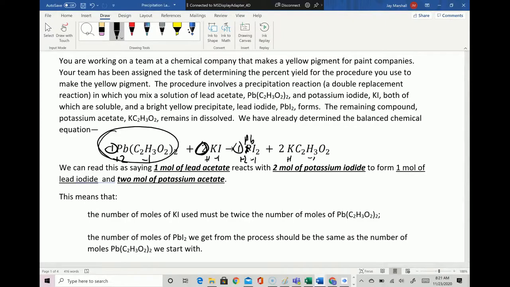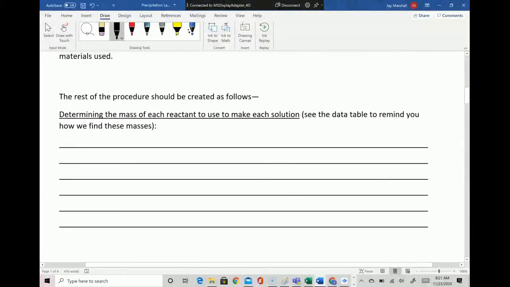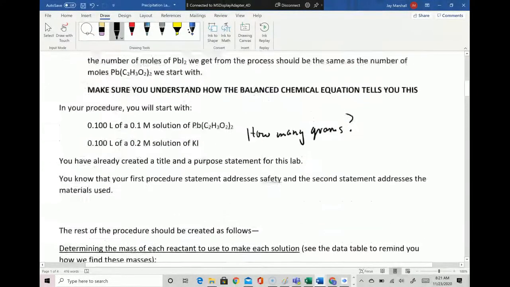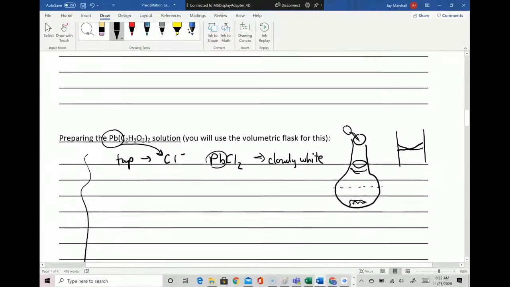So, given the number of moles of lead acetate that you figure out, that will also be the number of moles of lead iodide.